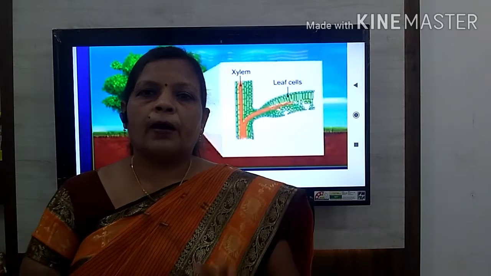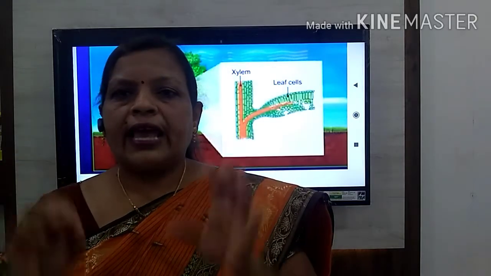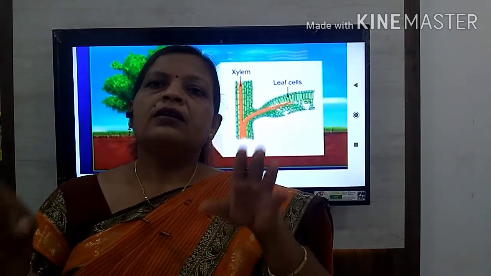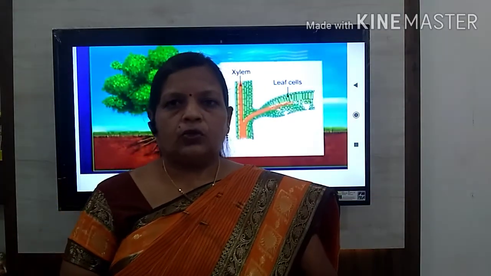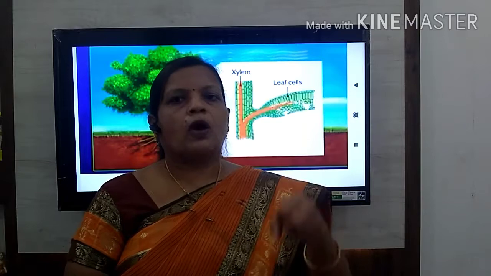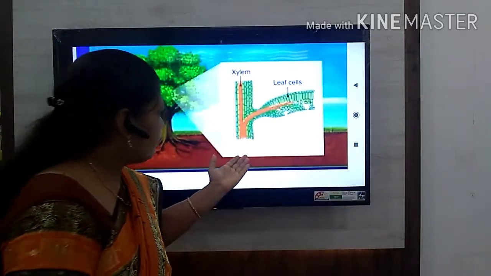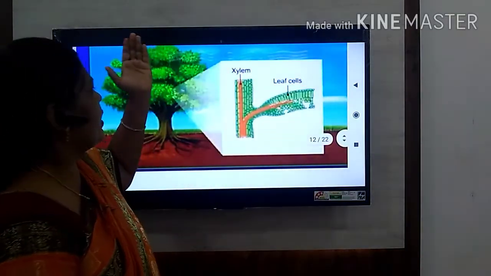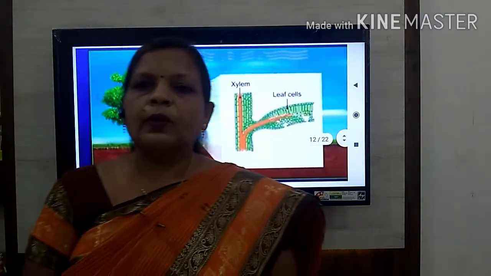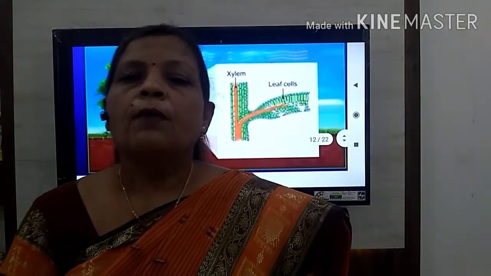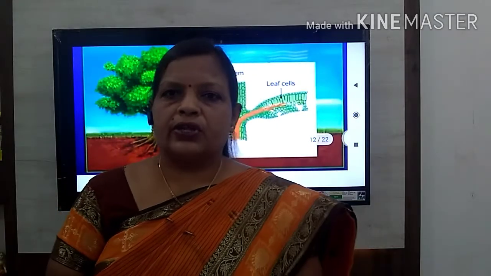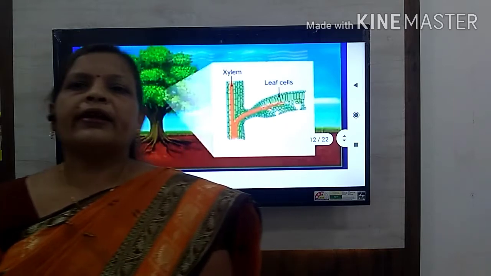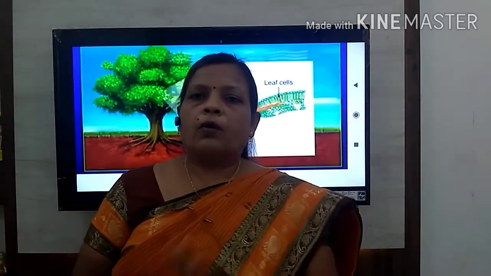Transpiration pull is a pressure exerted by the cells of the leaf on the neighboring cells, so that more and more water is absorbed, and in this way the water moves in an upward direction. This transpiration pull is responsible for the movement of water in large trees. These stomata show opening and closing.